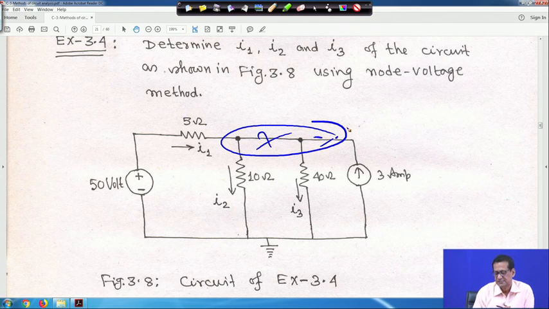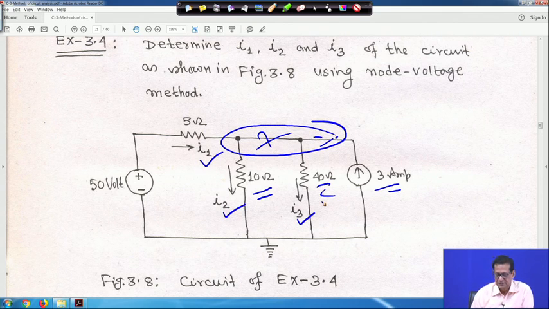That means the 10 ohm, the 40 ohm and the 3 ampere independent current source are all connected in parallel. You have to find out I1, I2 and I3.